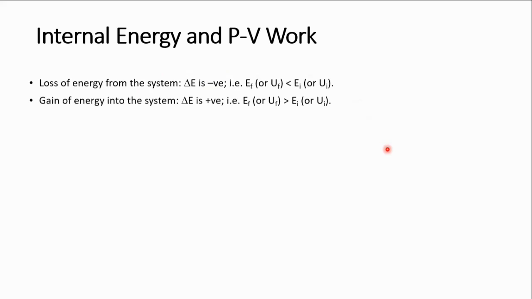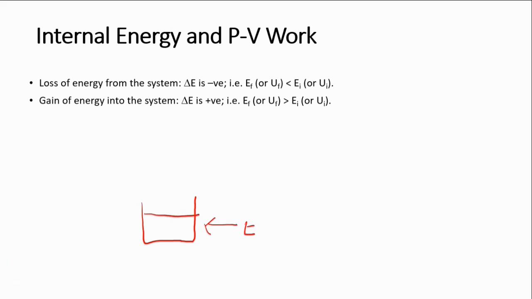If, however, the system gained some sort of energy, then its internal energy change will be positive because the final internal energy will be bigger than the initial internal energy. And if you think about it, it's not so difficult to visualize, because let's say this is your system. Energy is going in.